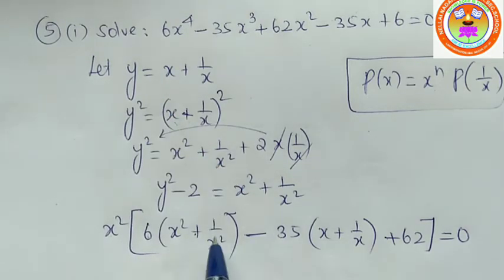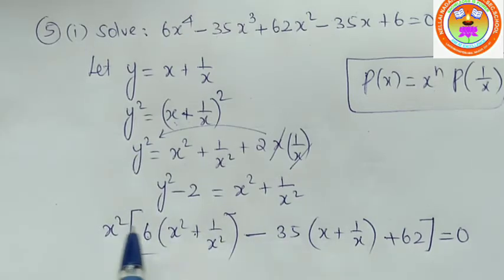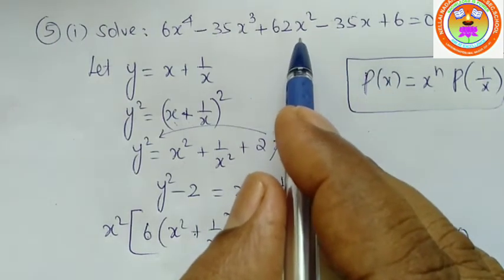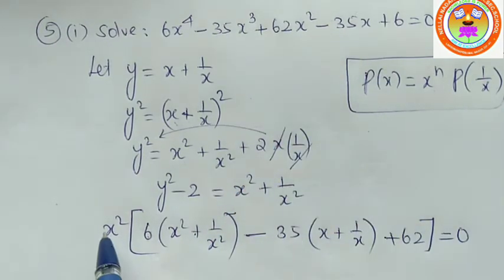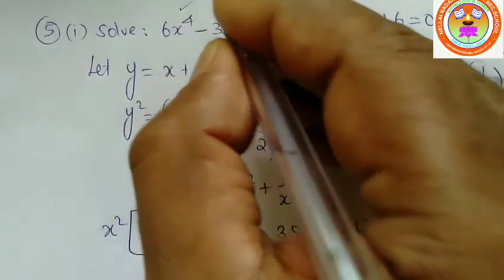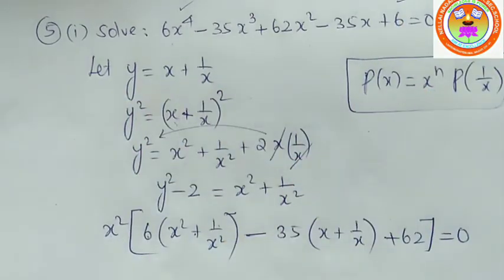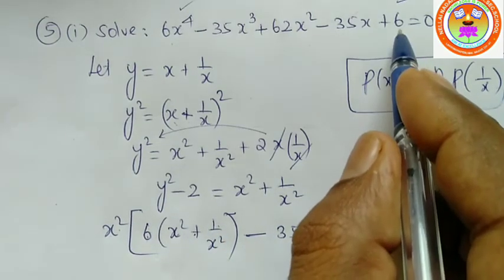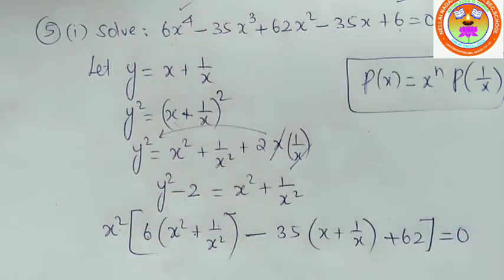When we multiply x square inside, x square gets cancelled, 1 into 6 is 6. So we get the first and last terms.